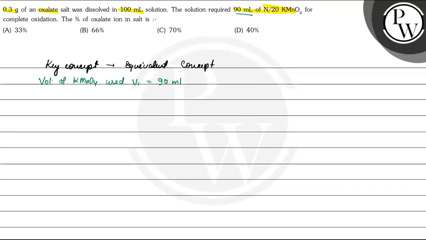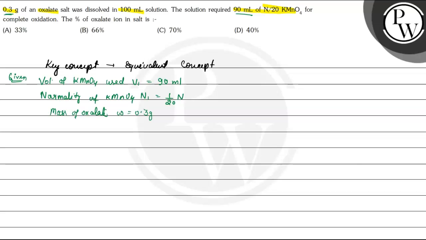The normality of KMnO4 is also given, which is N by 20; if we take it as N1, then it is 1 by 20 N. And the mass of oxalate is also given; suppose it is weight W, then it is equal to 0.3 gram. So these are the values given in the question.